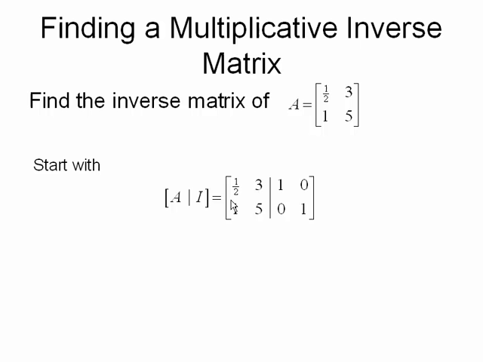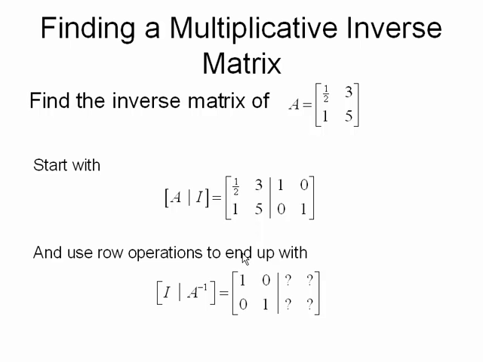So when I take these two 2 by 2s and put them next to each other, I get a 2 by 4. Now what I'm going to do is go through a bunch of steps so that I end up with the identity matrix on the left, and whatever is on the right, that's our inverse matrix.